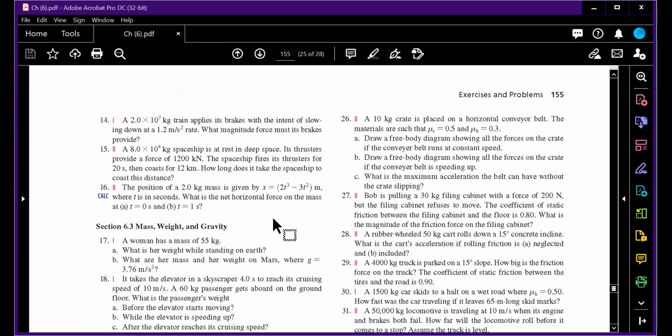What is the net horizontal force on the mass at time t equals 0 seconds and 1 second? No, this is pretty straightforward, hopefully. I don't like assigning problems like this actually for number 16. Here I can.